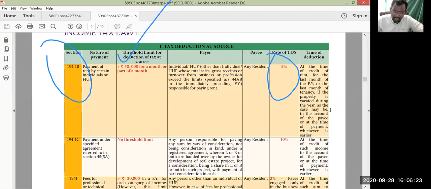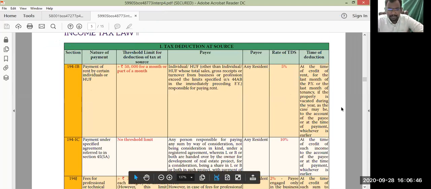And time of deduction, as I said, is at the time of credit of the rent for the last month of the previous year, obviously March, or the last month of the tenancy. That means if you vacated the property before the end of the previous year, then in the month in which you are vacating the property, you need to deduct the entire TDS. Next.